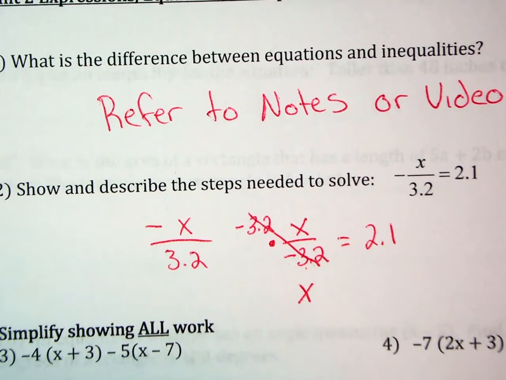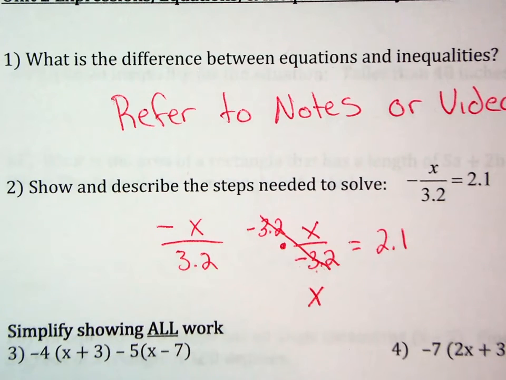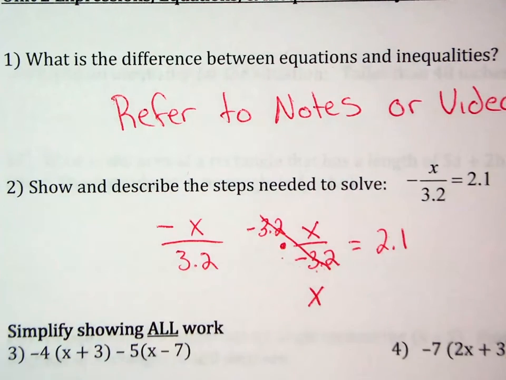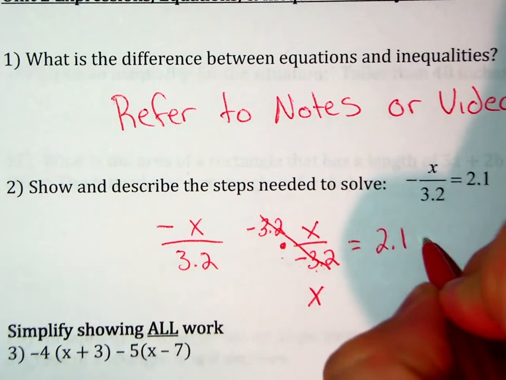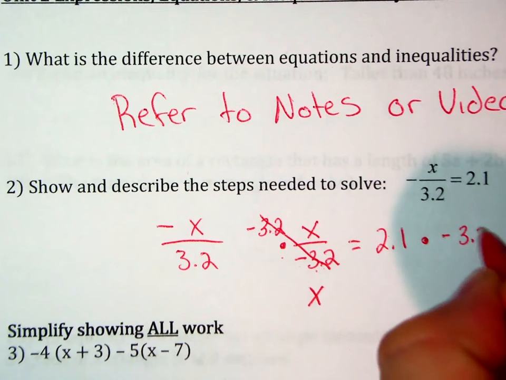Now our big focus for this particular unit has been balancing both sides of the equation. And so since I multiplied the left side of this equation by negative 3.2, I also need to multiply the right side by negative 3.2.